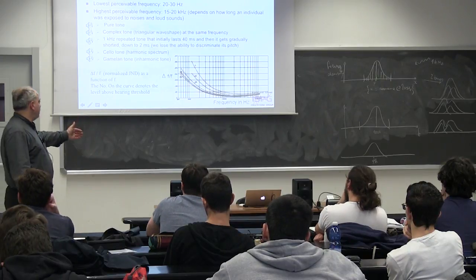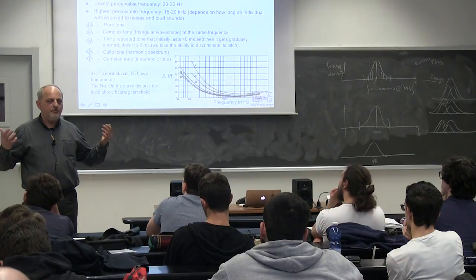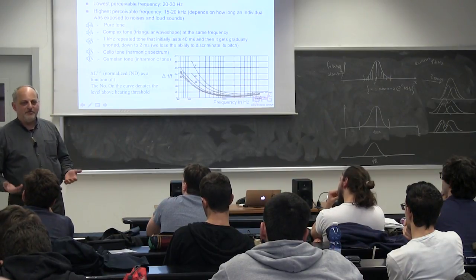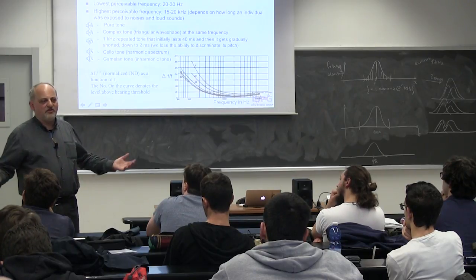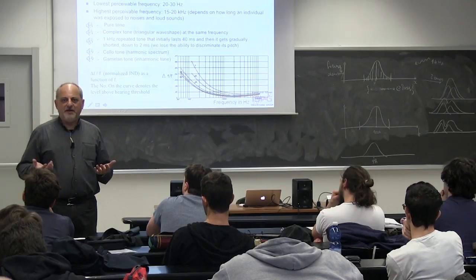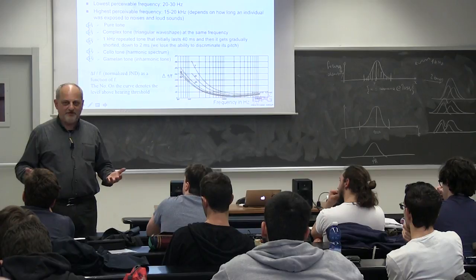For a duration of 2 milliseconds, all the possible cilia will be excited because it will look like an impulse. When you have an impulse, it contains all possible frequencies, and so it will excite all possible hair cells of your basilar membrane. That's why you perceive it as white noise or an impulse noise.